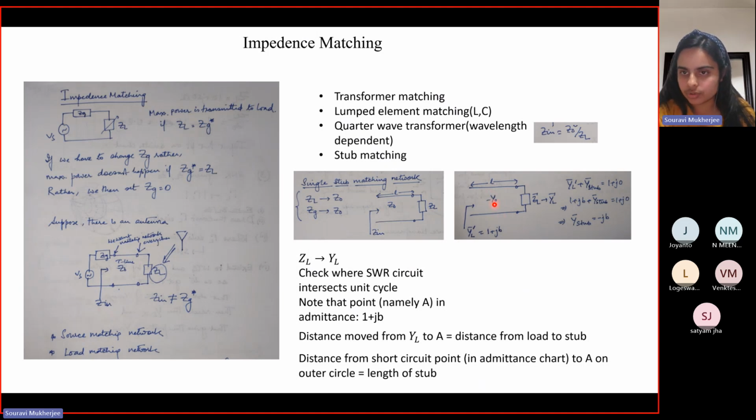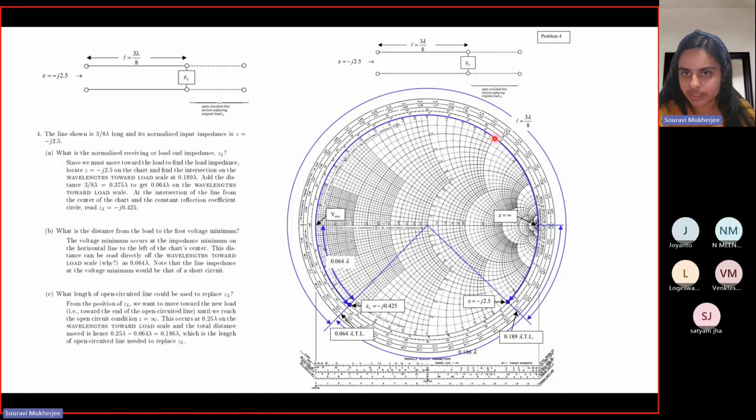And now, graphically, you first locate YL. So basically in this circuit, you would have YL somewhere here. And this circle would be nothing but your SWR circle, right?